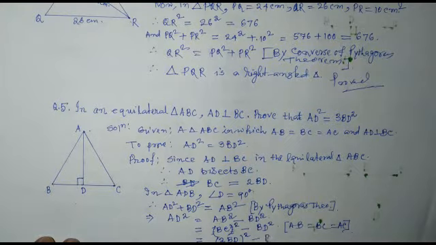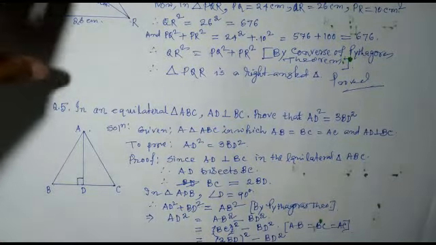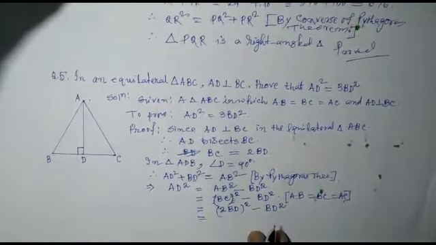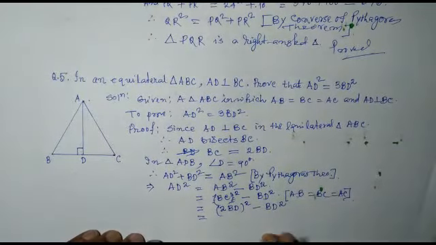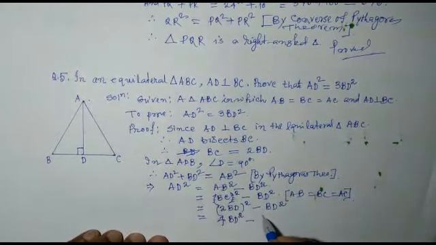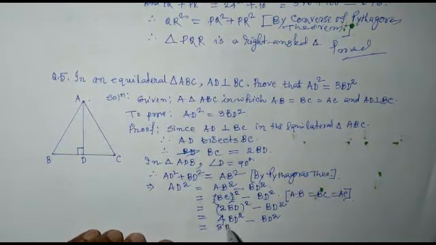If we square twice BD, it will be 4 BD square, minus this BD square. 4 BD square minus BD square is 3 BD square, and that we wanted to prove.